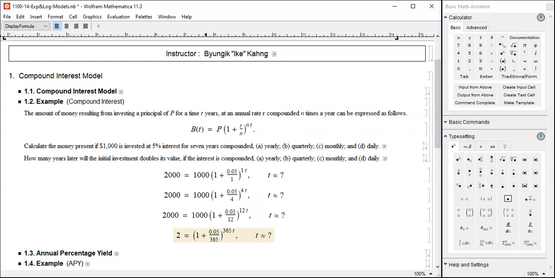Previously, I just had R there, but the problem gave you R values, so I just replaced those R by 0.05 for all those 5%. Now we have those 4 equations, and we are working on the fifth equation here.